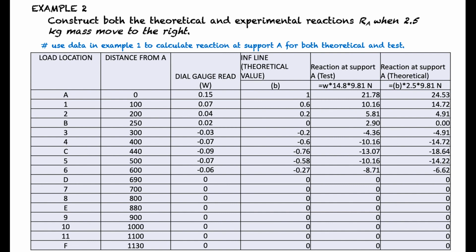Okay, after we analyze the influence line obtained from the test, now we need to analyze the reaction at support A due to the load moving from support A to support F. For the experimental value, we have a reading from the dial gauge.